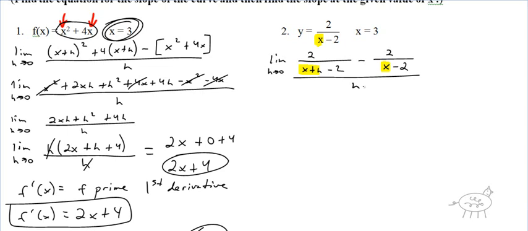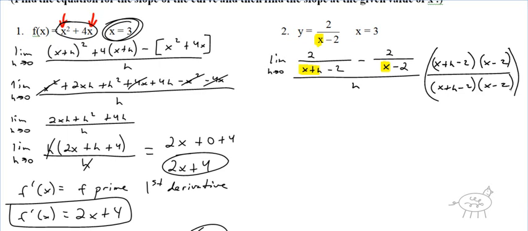Well, you guys should remember we multiply by the lowest common denominator. So it's going to be x plus h minus 2 times x minus 2, all over x plus h minus 2 times x minus 2. Okay? And that gives us, limit as h approaches 0.